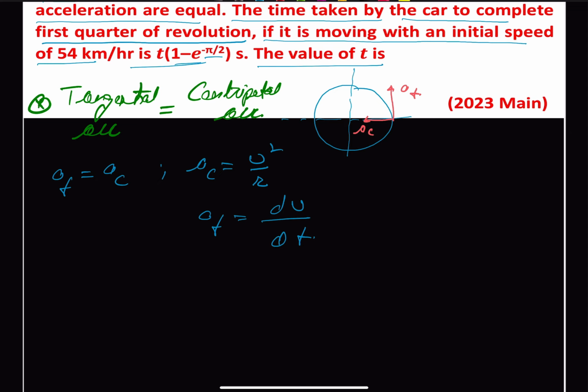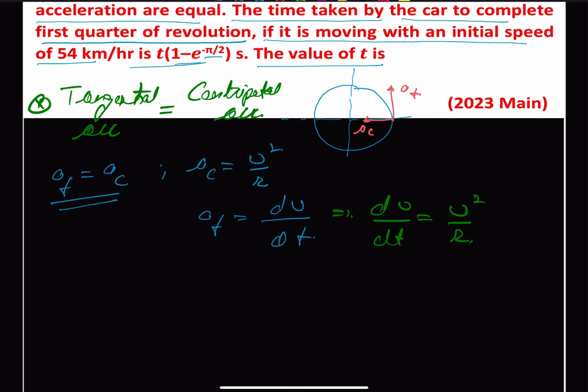Both are equal, therefore our dv upon dt is equal to v square upon r.